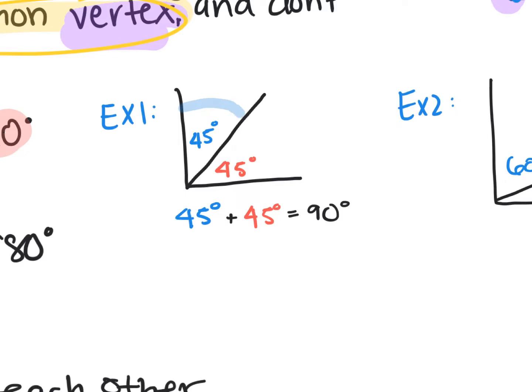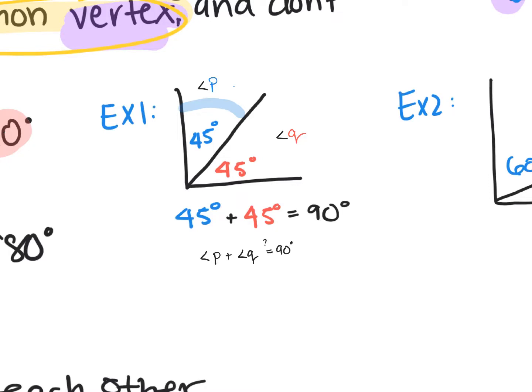We'll call that angle P. And we'll call this angle Q. Okay, so if I do angle P plus angle Q, does that equal 90 degrees?